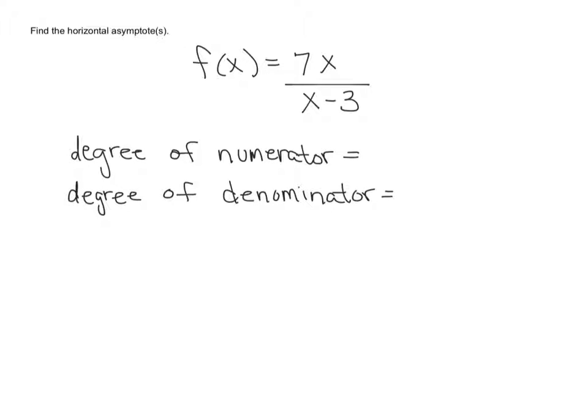Now I want to find the horizontal asymptote. To do that, I'm going to look at the degree of the numerator and the degree of the denominator. The degree of the numerator is 1 because that's the highest exponent, and the degree of the denominator is also 1. Since these degrees are equal, I can find my horizontal asymptote by dividing the leading coefficient of the numerator by the leading coefficient of the denominator.